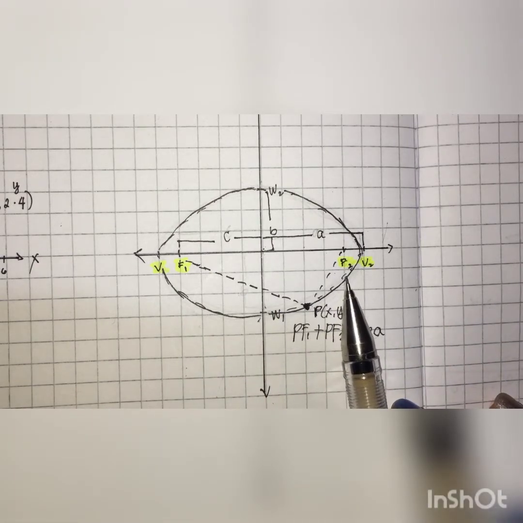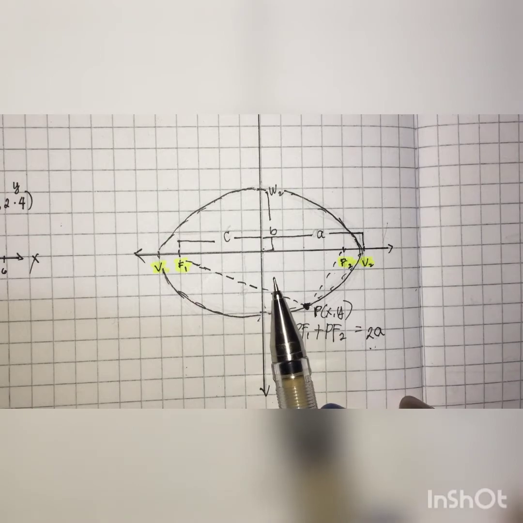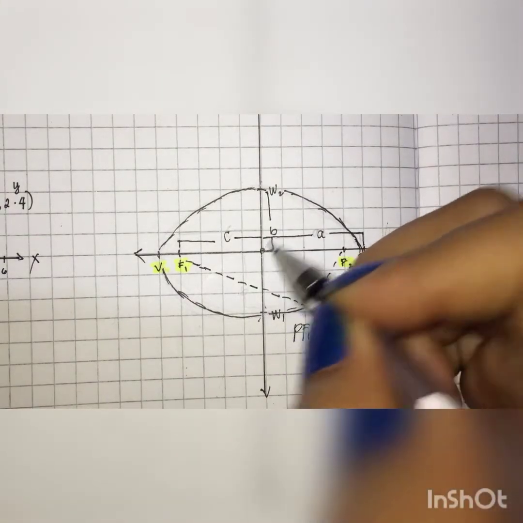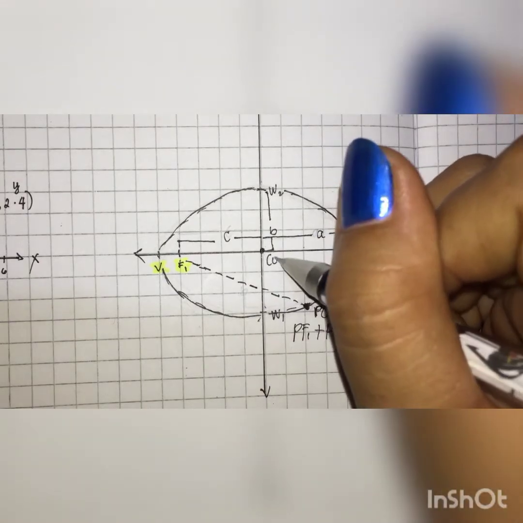In this figure, our center is the origin. So here, the center of the ellipse is the origin, 0, 0.